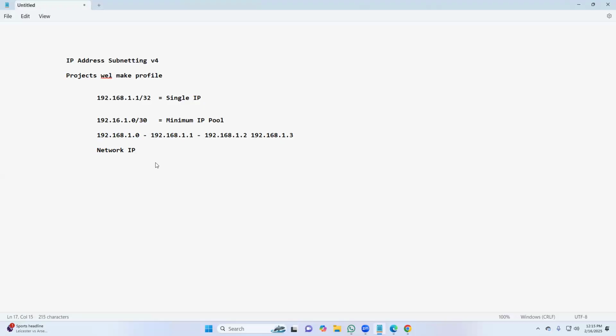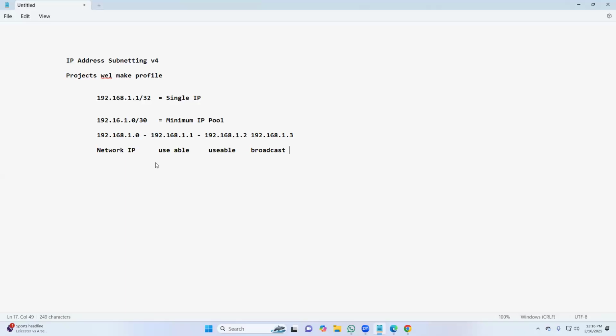This IP is usable, and this IP is also usable. And the last IP is a broadcast IP.